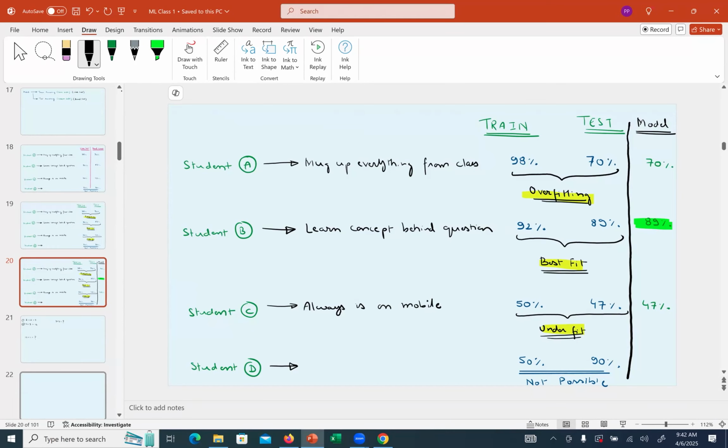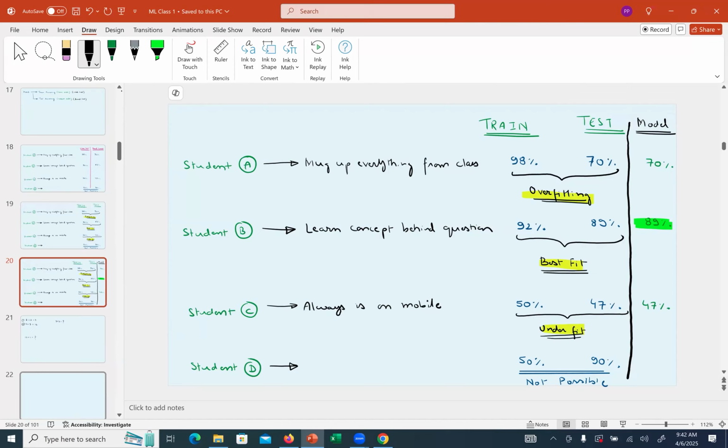Okay, underfit, when can it happen? Let's say I'm trying to teach integration to a class 3 student. What is the meaning of that? The problem is very complex, but you are using a very simple model. The model itself is not capable enough to learn those complex patterns, but you are still using that model. So irrespective of how much data I feed into that model, it will not be able to learn.